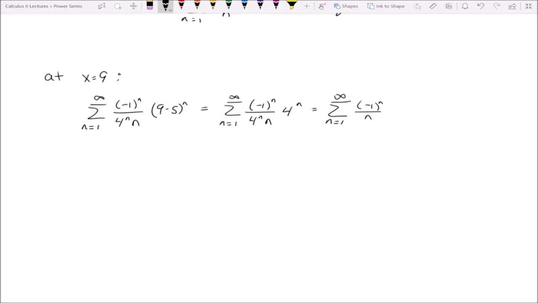So at 9, we get the series n equals 1 to infinity of negative 1 to the n over n, which converges, right, by the alternating series test. So it converges at 9.